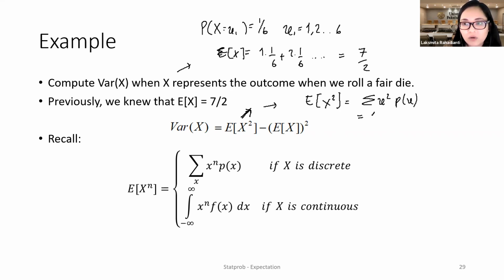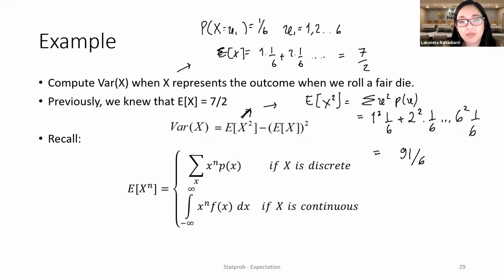In other words, 1 to the power of 2 times the probability plus 2 to the power of 2 times the probability, up until 6 to the power of 2 times the probability. I already have the answer here. It's something around 91/6. Please fact check me in case I have miscalculated.